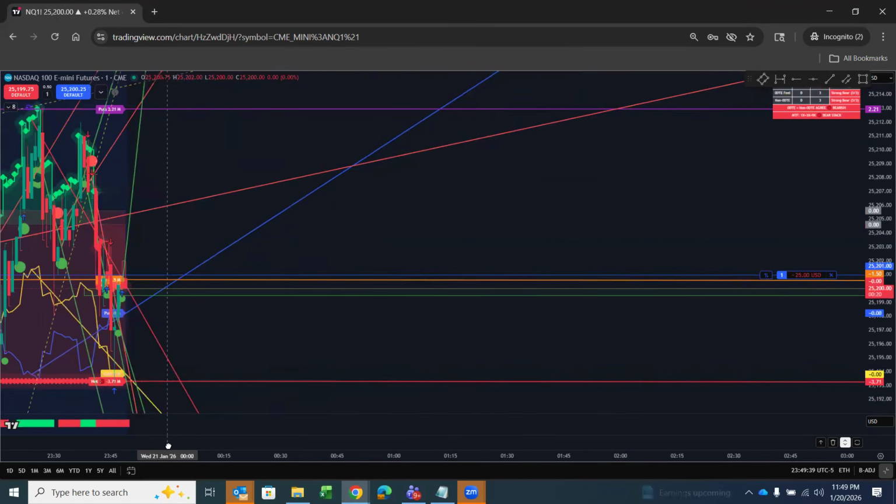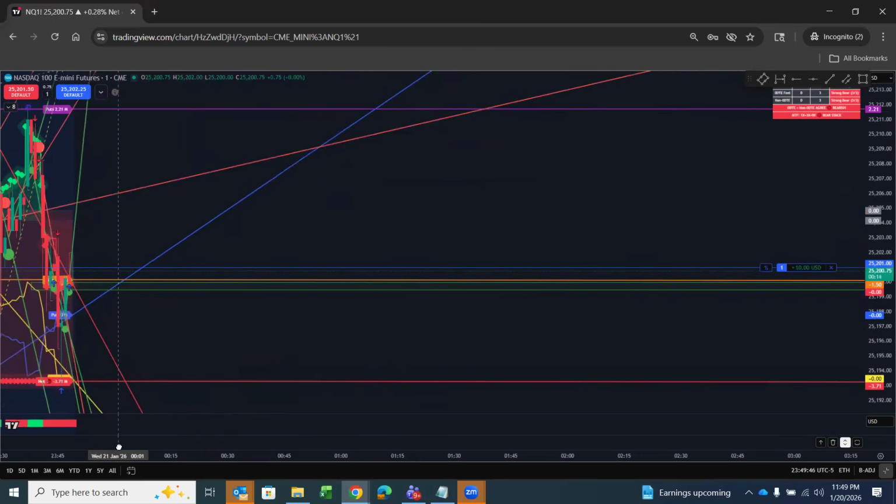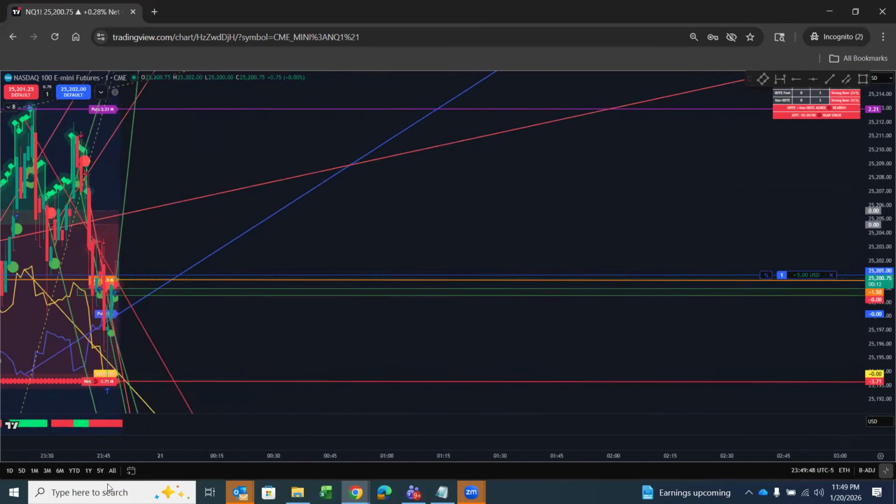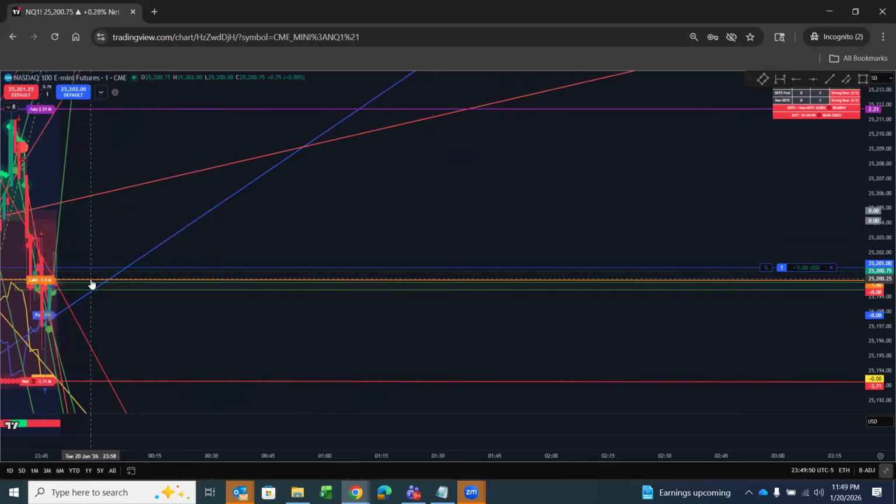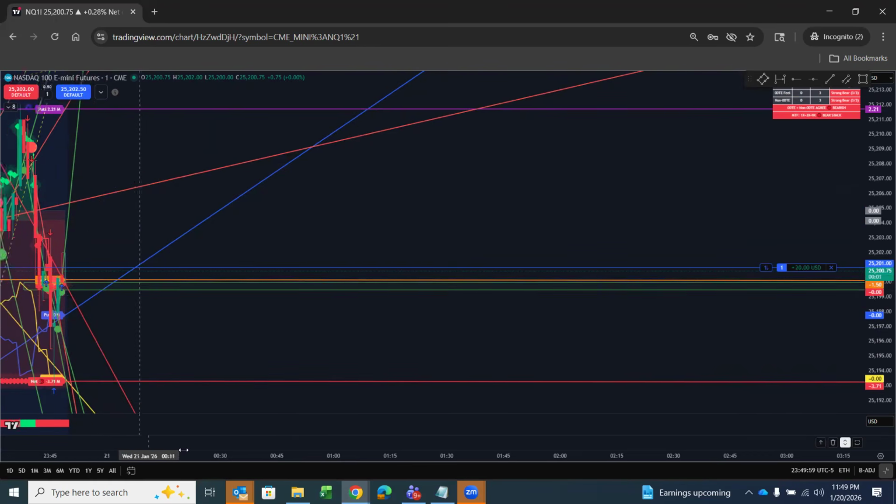And let's see what happens. Looks like we opened up above. If you zoom in, you're gonna get a microscopic view and a better view. So we're above a trend line, and it looked like we opened up above where buyers macro-wise are, here at 25,200 and 201 roughly.